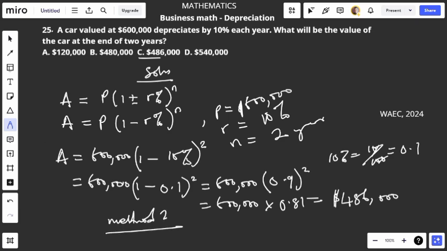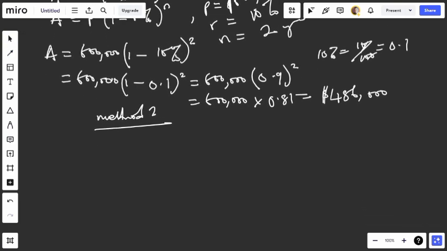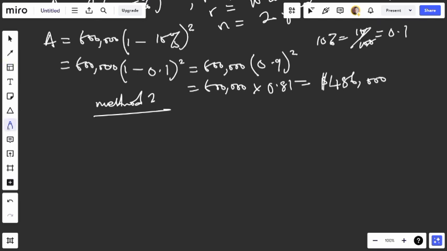Method 2. So in this method 2, the initial value, which is our principal, was $600,000. So by the end of the first year, the value of the car will be what?